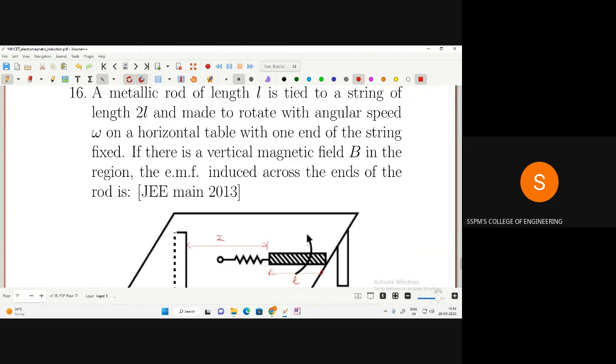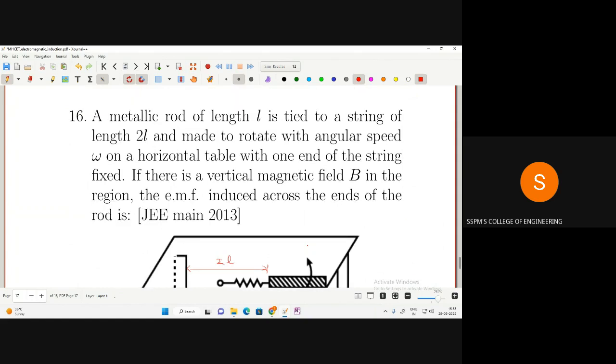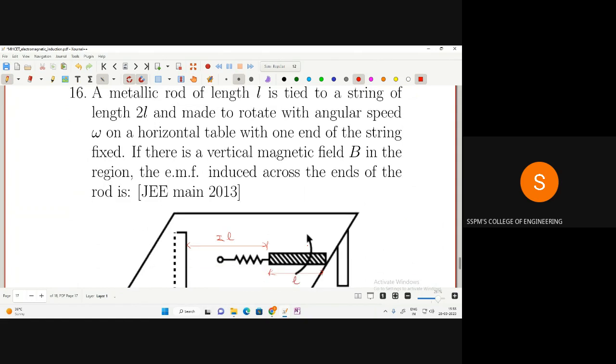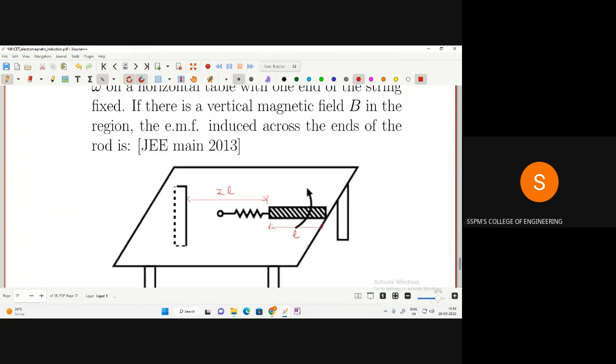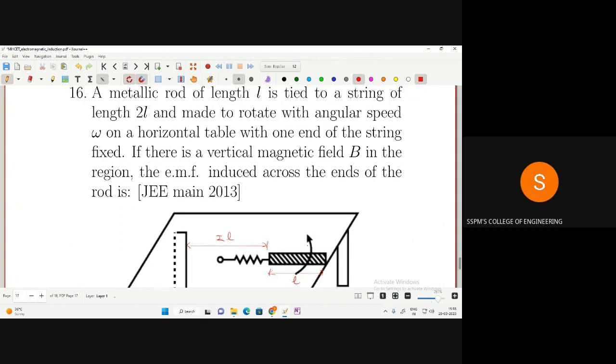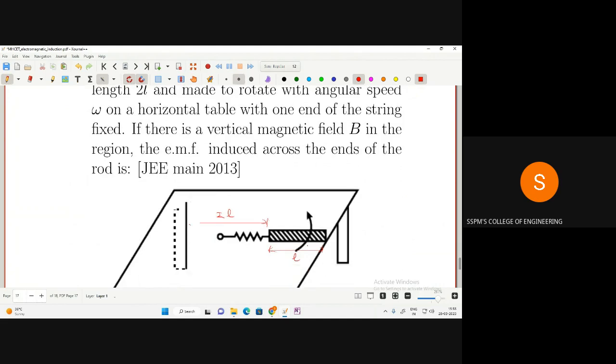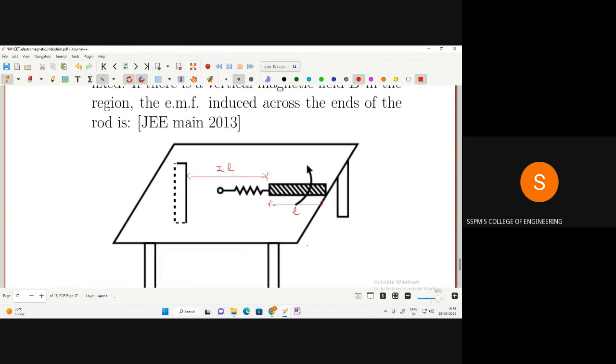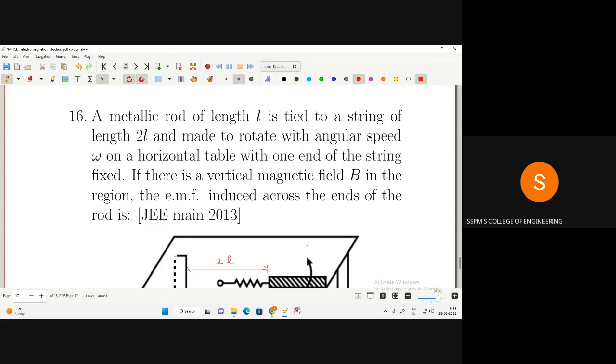The length of string is 2L and made to rotate in angular speed of omega. The rod is rotating with angular speed of omega on a horizontal table. With one end of the string fixed to the wall, and second end is free to rotate.